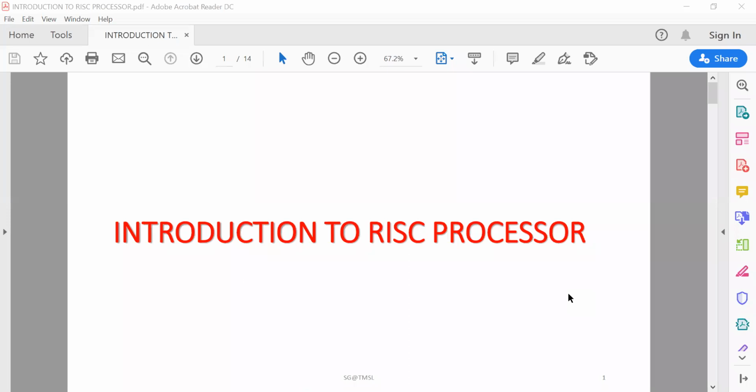Nowadays these RISC and CISC processors are made. That's why it is very important to gather some knowledge about the RISC processor and the CISC processor. According to your syllabus, I'd like to give a brief idea about the RISC processor only.